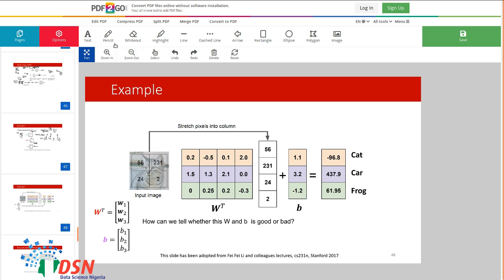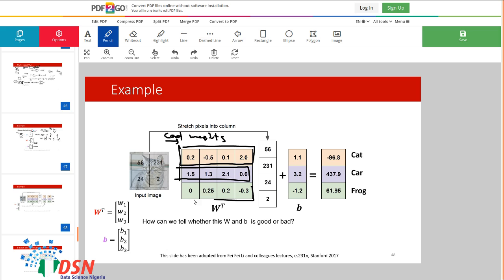So these weights are related to cat, these are related to car, and these are related to frog, and we multiply this matrix by the input vector, and we add the bias term to get the score of each class.